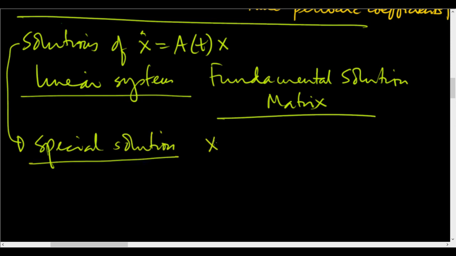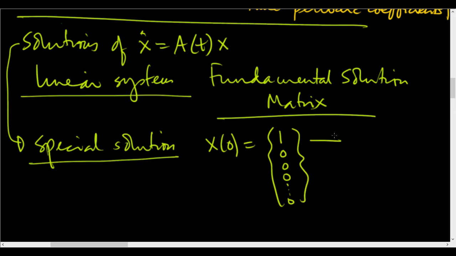x of 0 is equal to 1, 0, 0, 0 for all elements. For this initial condition, we get a solution. Maybe we will find it numerically, doesn't matter, it is a function of time, and we will get a solution x1. Let me put a bracket here so that you realize it is not an element, x1 of t.